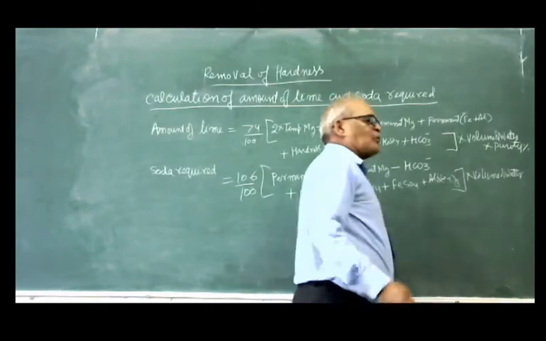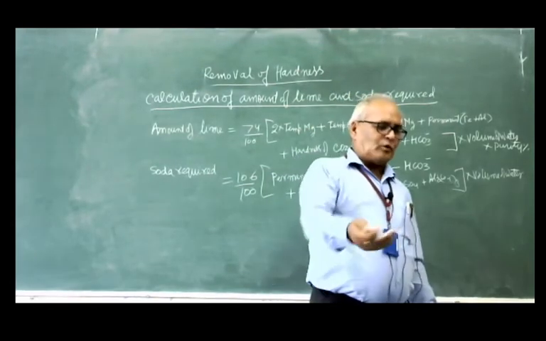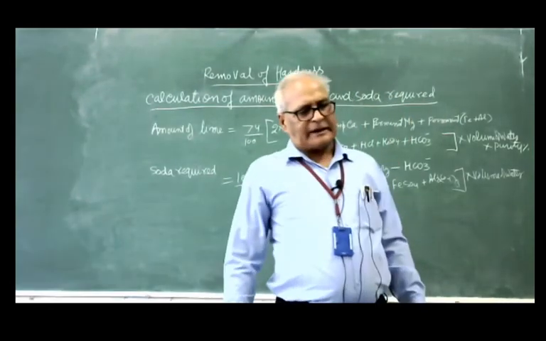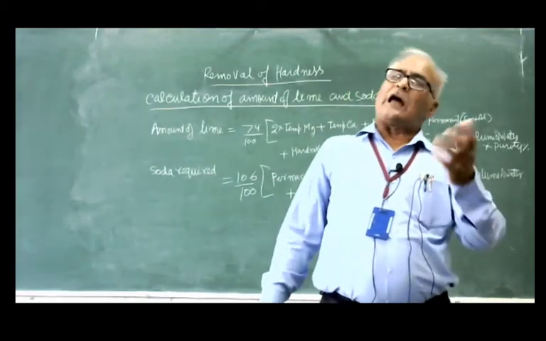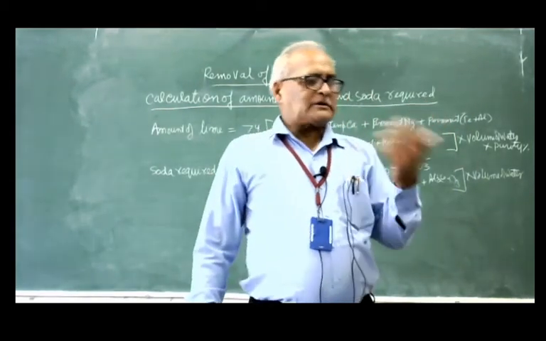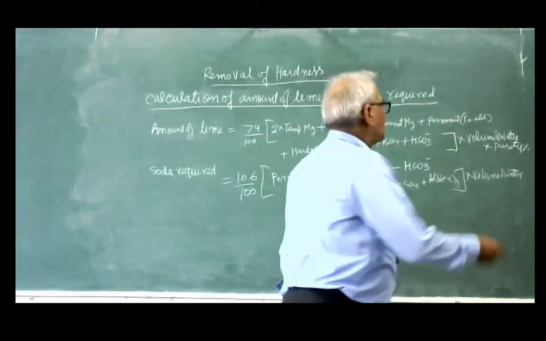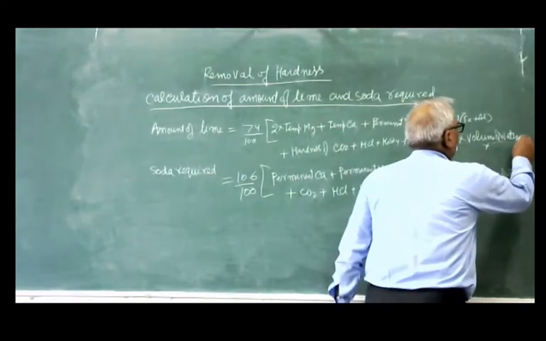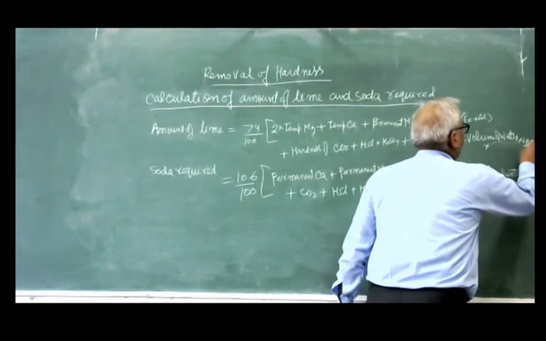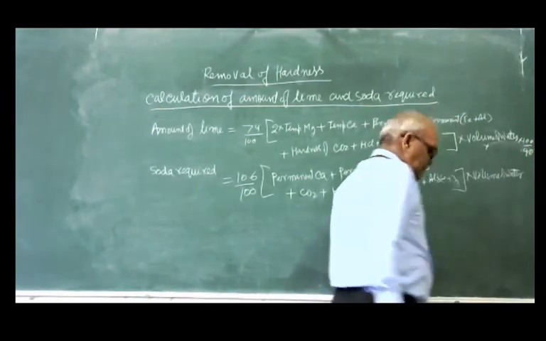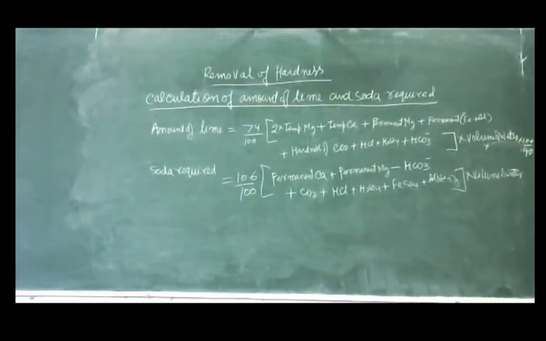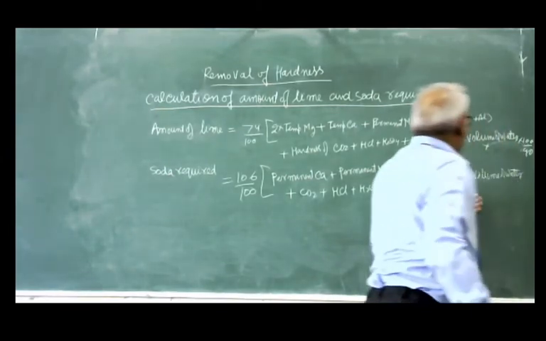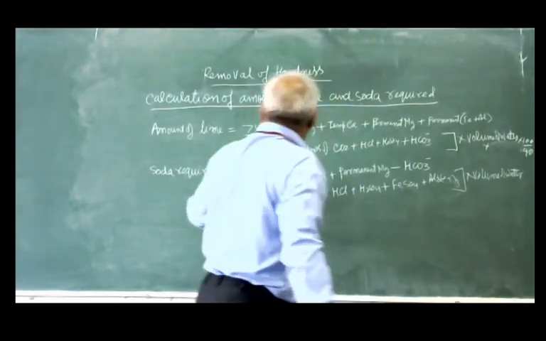Suppose in the numerical it has been given that the lime is 90% pure. So 90% pure means you can put here 100 by 90. In this way, you can also put it here.